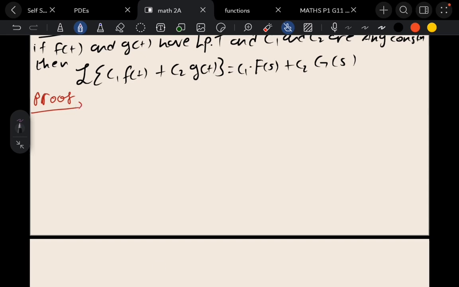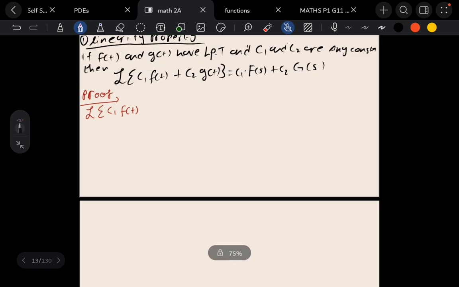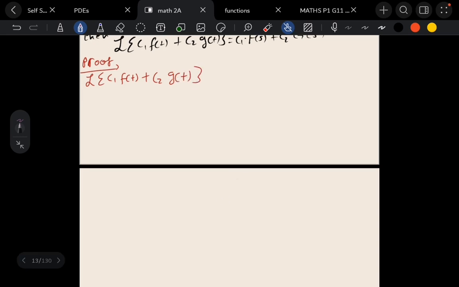We say that the Laplace transform of C1 f of t plus C2 g of t equals the integral from 0 to infinity of C1 f of t plus C2 g of t, all times e to the power negative st dt.